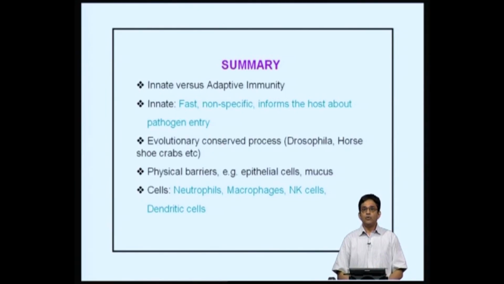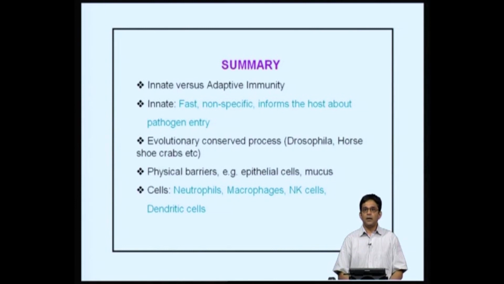It is an evolutionarily conserved process, and it is present in lower organisms such as Drosophila, horseshoe crabs, etc. So, it would be a good idea for you to think about where the Drosophila and horseshoe crab were useful in the previous lecture.